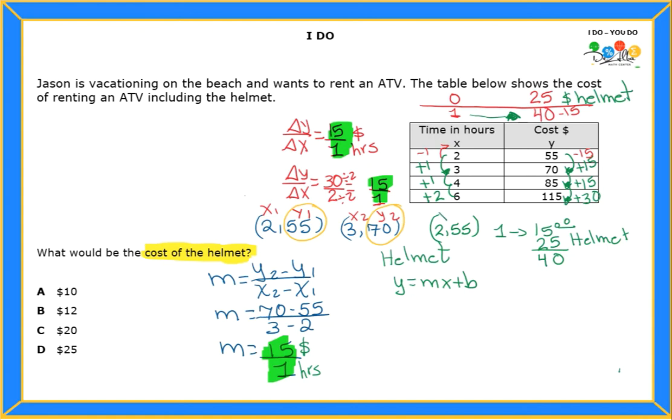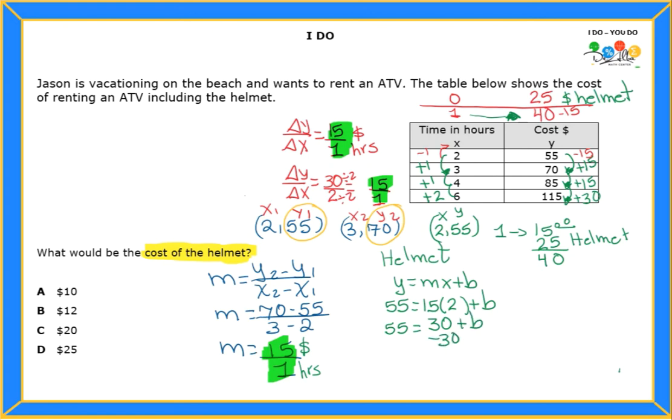So this is x, the first number, and the second one is y. So y is 55. The m, which is the slope, is a 15. And the x that I'm going to replace it with is a 2. So I get 55 equals 15 times 2, which is 30, plus b.